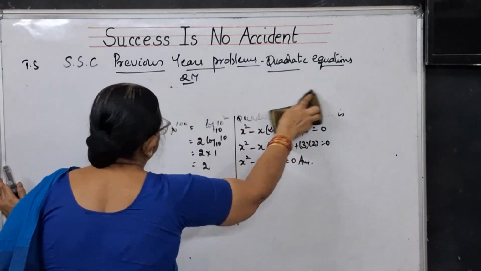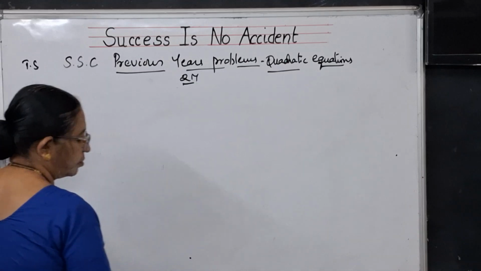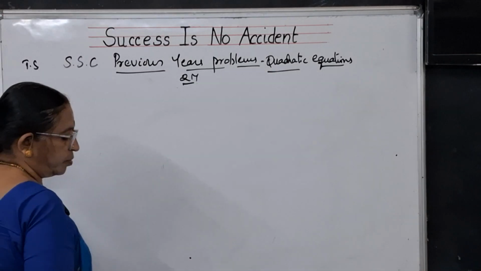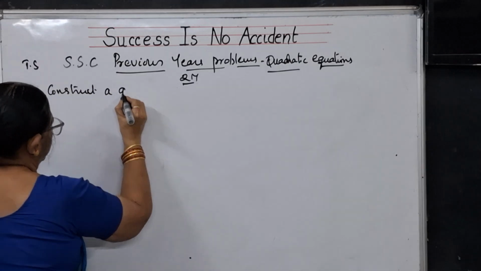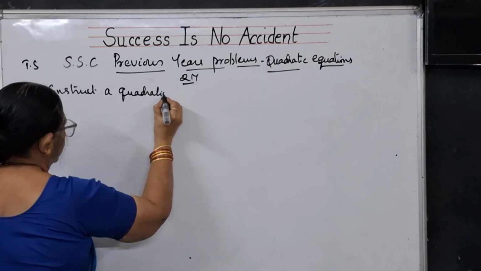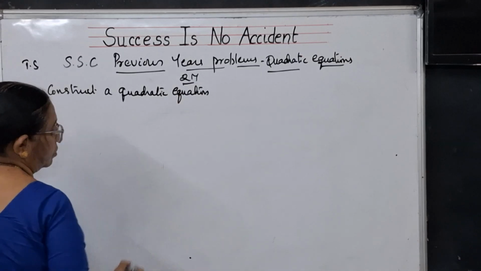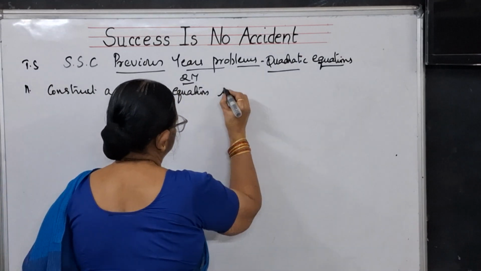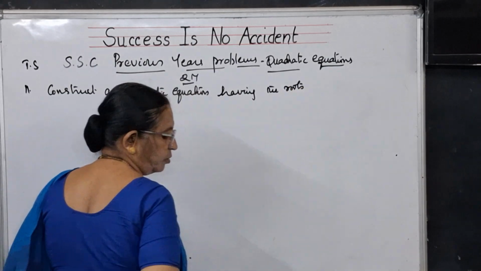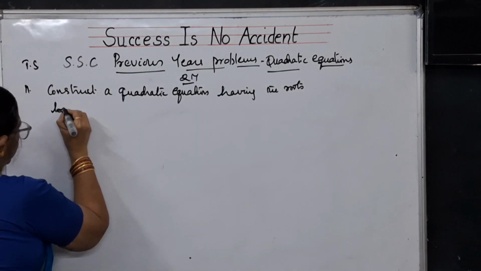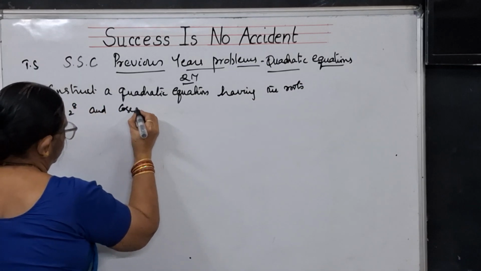Now, 11th problem. Construct a quadratic equation having the roots log 8 to the base 2 and cosecant 30 degrees.